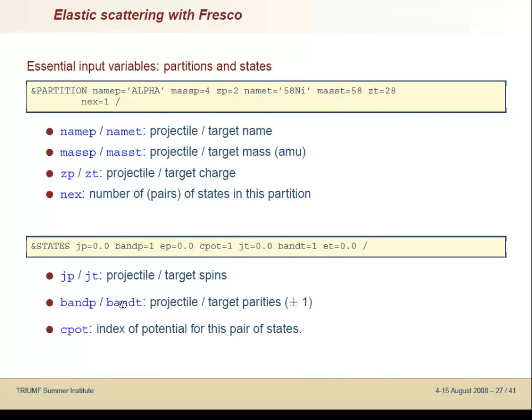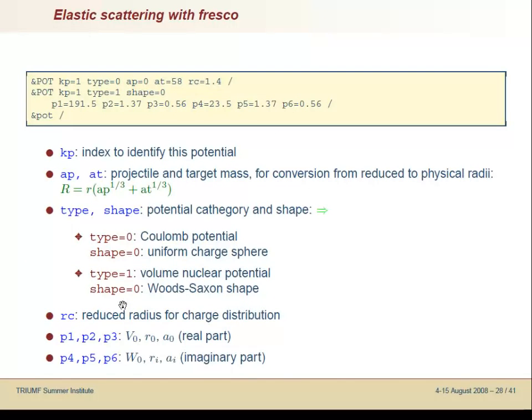But just as a criterion to convert from the reduced radii to absolute, to physical radii, you also have this AP, AT. That can be the same as before. If you want, you can set 4 and 58. But then the reduced radii, this P2 and P5, have to be set according to your criterion.